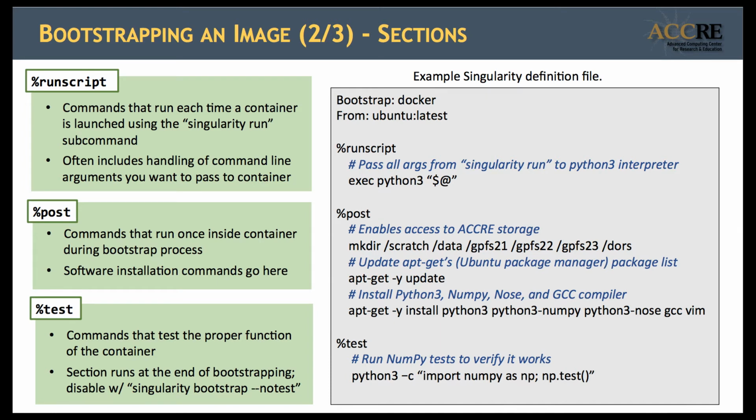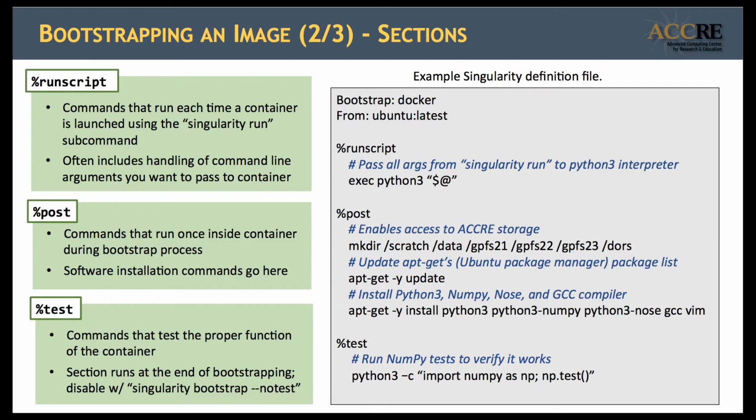You always just want to install to default system directories. So you don't want to do things like install to a home directory from within your image. Just let the software install where it wants to install. The typical place is like /usr/local, and that's completely fine. Okay, so that's the post section.